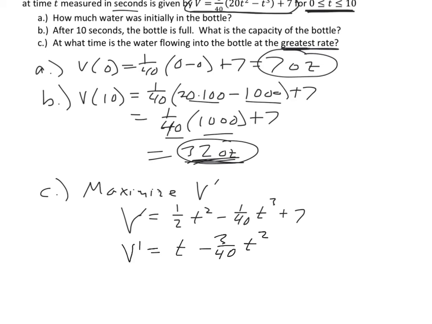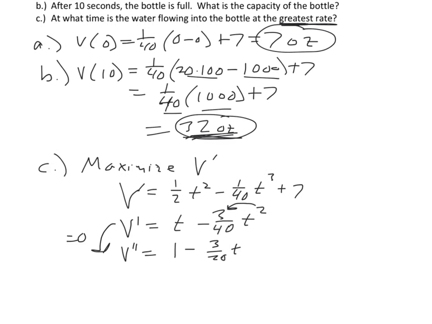And now if I want to maximize this thing, I need to take the derivative of that and set it equal to 0. My second derivative here will be 1 minus, when I bring this 2 down to take the derivative, 6/40ths or 3/20ths t.